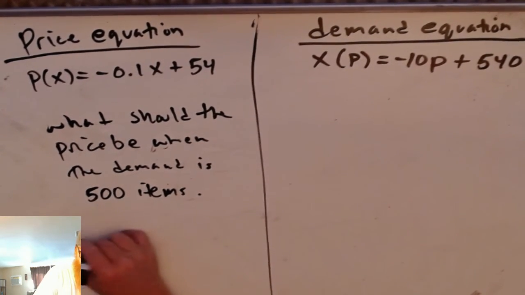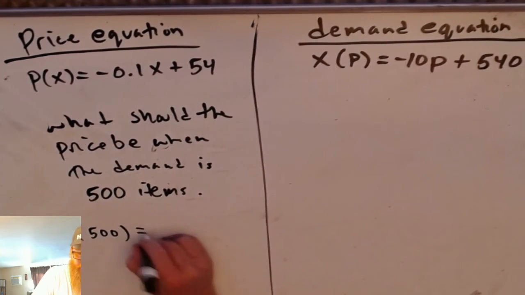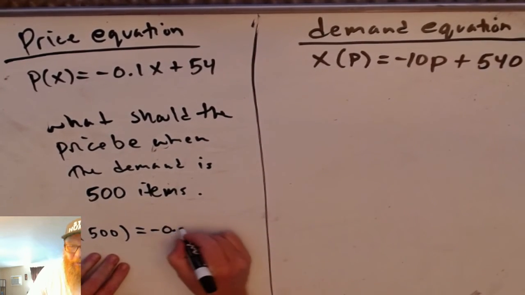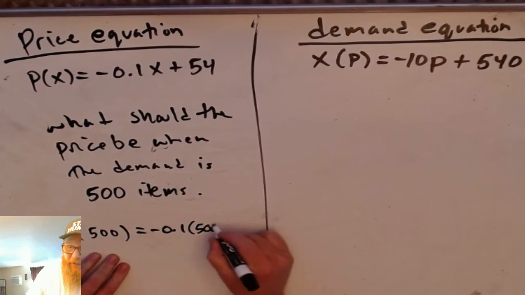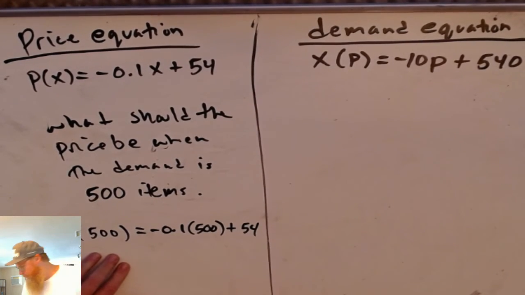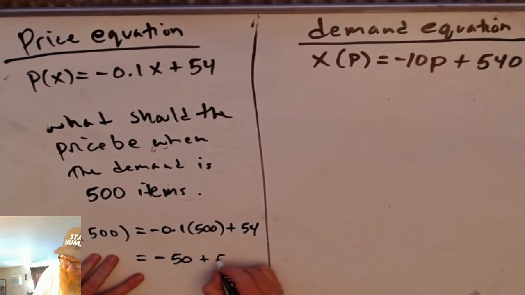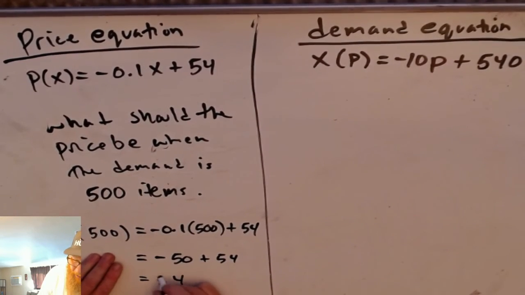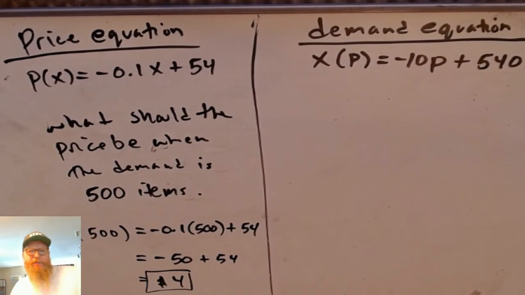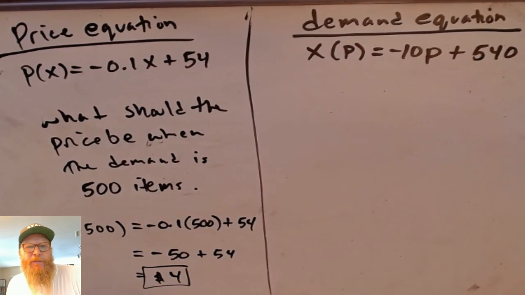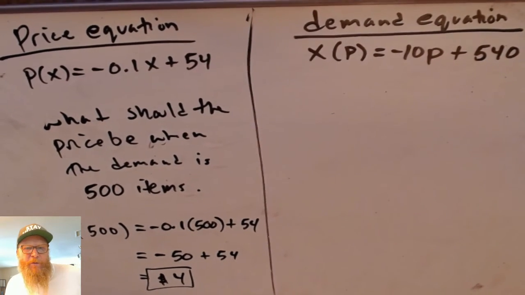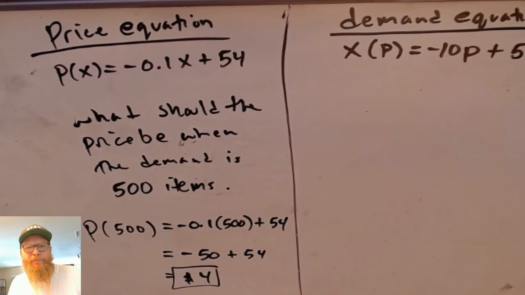So you plug in 500, negative 0.1 times 500 plus 54. That'll be negative 50 plus 54, $4. Whatever this is, I don't know. If the demand is 500 items, you could lower the price down to $4.